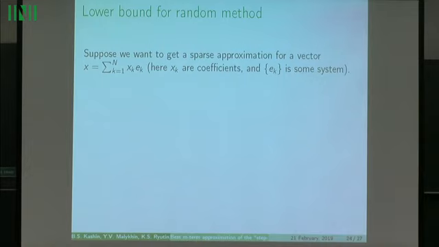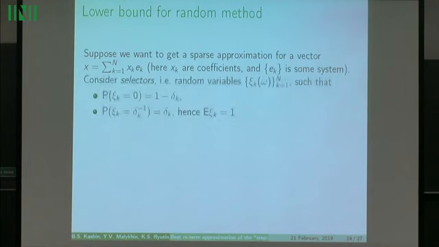So suppose we want to get a sparse approximation for a vector x. One of the ways is to consider selectors, random variables which are very simple. Each variable can take only two values. One of them is 0 with high probability, and the other one is written on the slide.